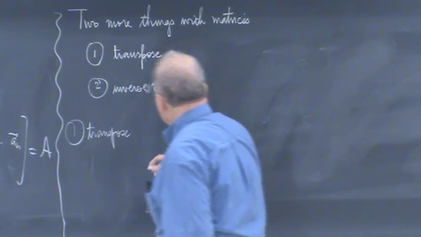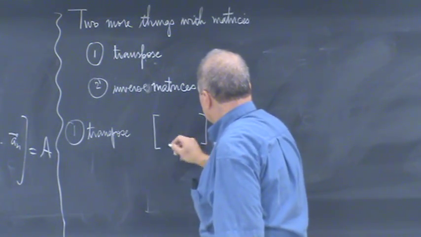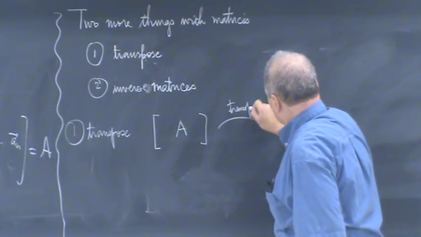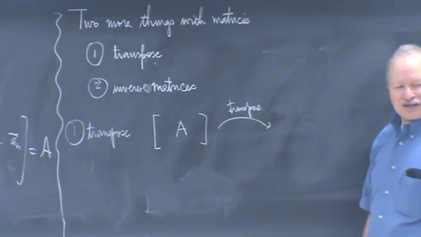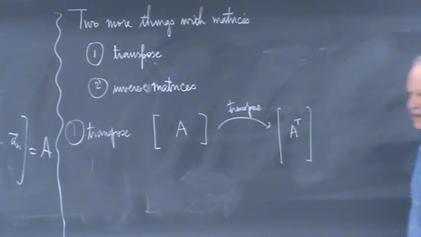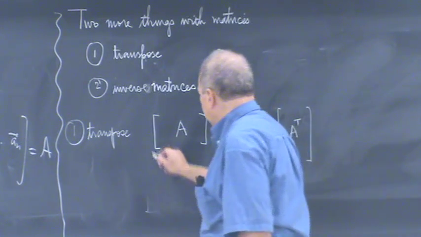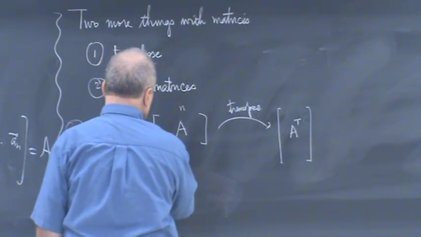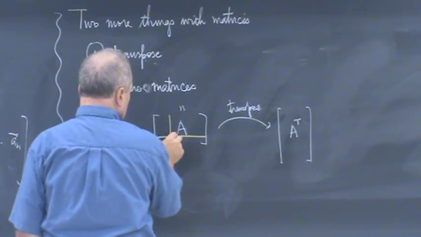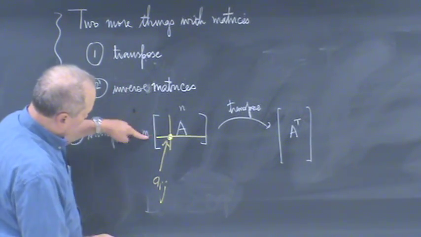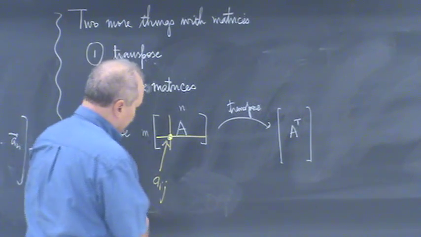So I told you the other day that if you took a matrix A and you transposed it, it turns it on its side. And the symbol for this is a little t superscript there. So if you had an m by n matrix A whose ij entry, so that's the ith row, jth column, where does it end up?